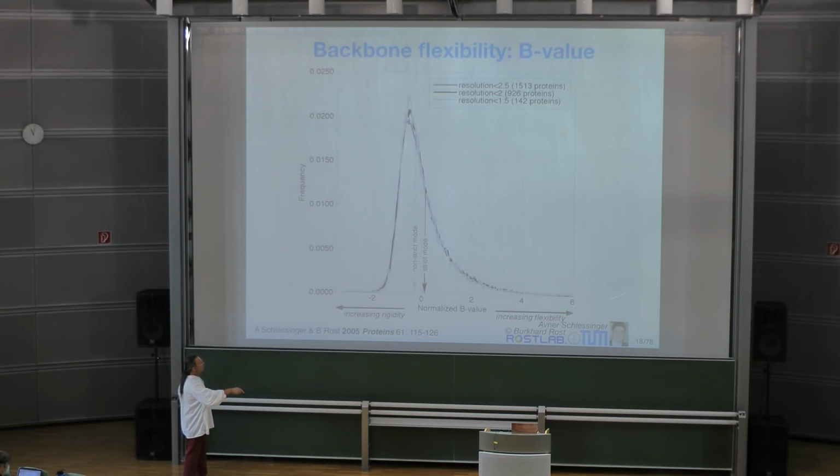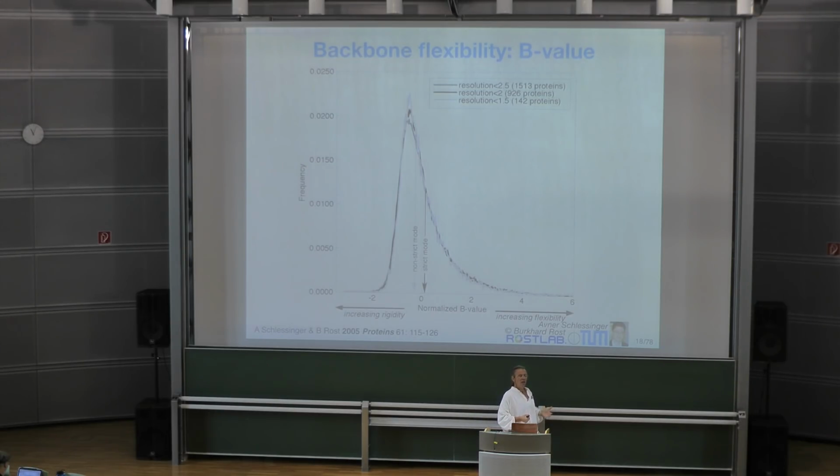In this direction you have more flexibility, in this direction you have more rigidity, and then you somehow can introduce a threshold to distinguish in the binary state flexible from not flexible. Sometimes in exams we ask the question, where would you put the threshold? This is the raw value, the raw distribution.